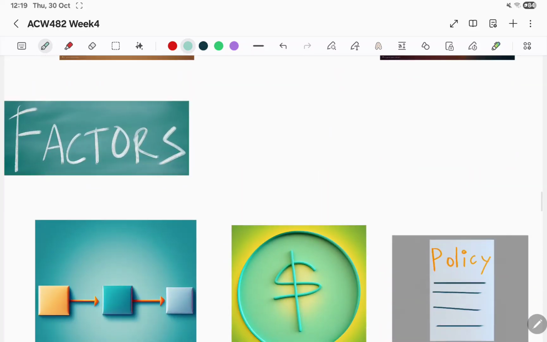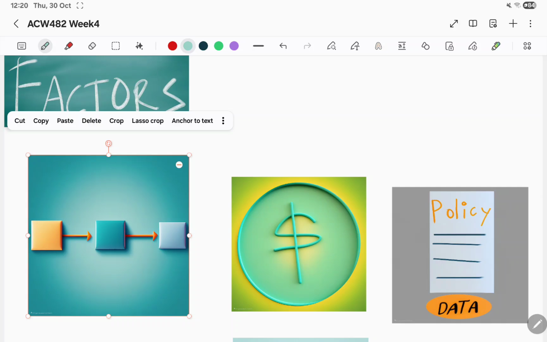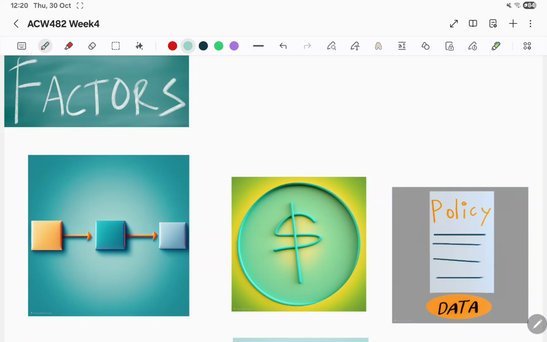The factor is the process itself. Is this process unique? Is your process unique, in a way that other software providers don't have this solution? Is it unique or not?